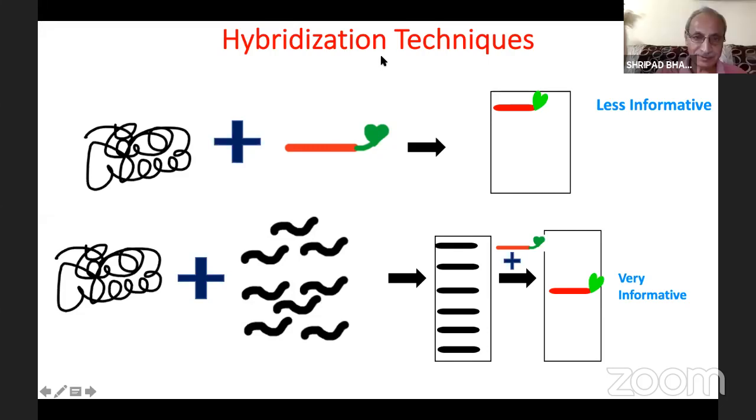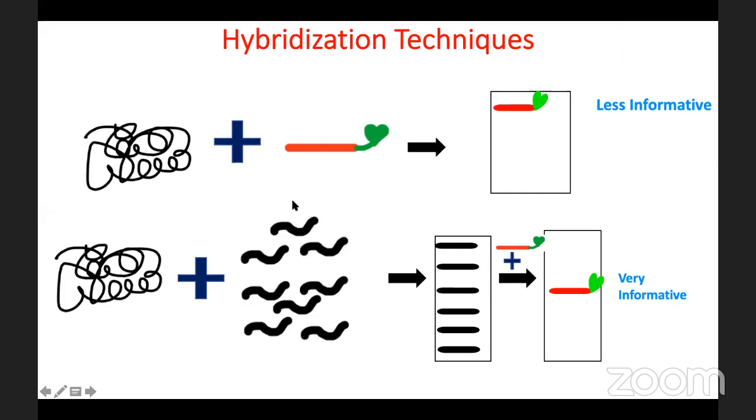In Southern, what we do basically is DNA hybridization. Your probe is DNA, and your fragments are also DNA. In Northern, it is RNA-DNA hybridization. Your probe is DNA, but the fragments on your gel are RNA fragments. And in Western, it is protein-DNA hybridization. All the methods are essentially similar, except for what you want to check.